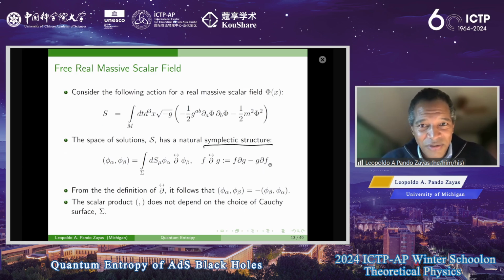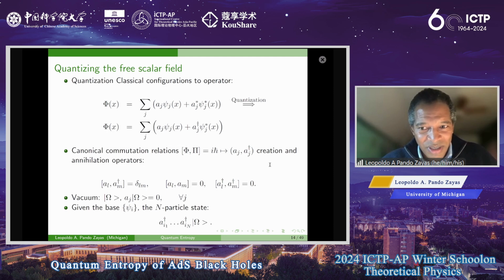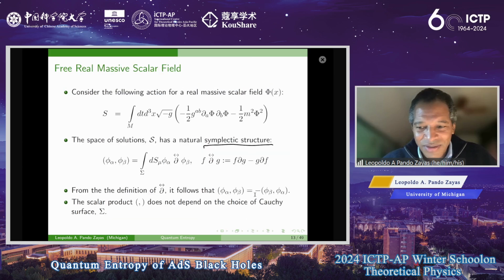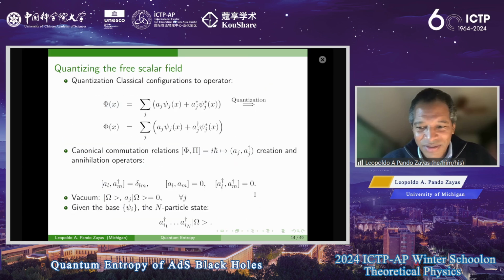So once you have the structure of a quantum field, then you can expand it. This would have been the e to the ikx that we know and love in Minkowski space, but in curved space, these functions are slightly more complicated.